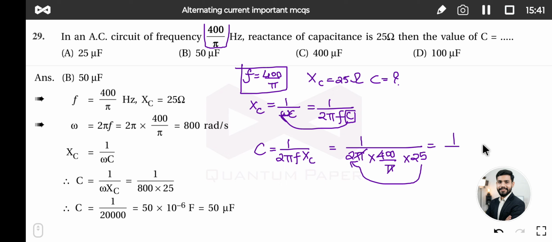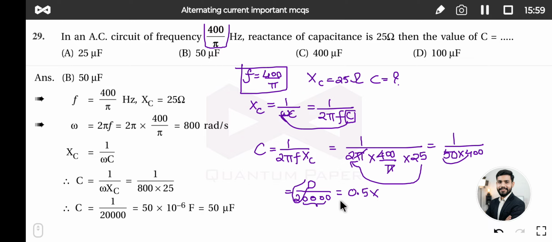So 1 upon 50 into 400. 4 fives are 20, so it becomes 1 upon 20 and the remaining 3 zeros. 1 by 2 is nothing but 0.5, and the remaining 4 zeros mean 10 raised to 4. If we take it to the numerator, it becomes 10 raised to minus 4. If we move the decimal point two places to the right, we get 50 multiplied by 10 raised to minus 6, and 10 raised to minus 6 is micro. So the correct answer is 50 microfarad. Otherwise, in only one option the digit 5 is there, so you can get the correct answer from that digit only.